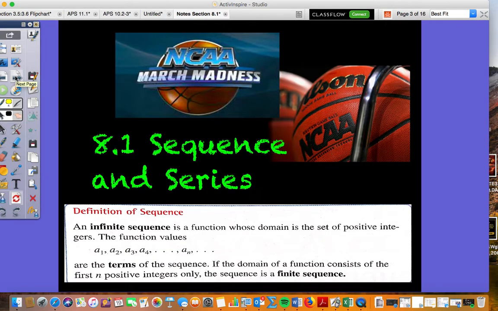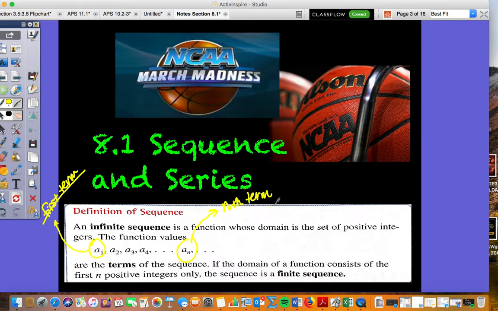The second part that we're going to look into, this idea of infinite and finite sequences. As you can imagine, an infinite sequence is something that keeps going on and on forever. Couple of things to note. A sub 1, we call it A sub 1, is what we call the first term. Okay, so anytime I say A sub 1, that is the first term. A sub n, we call the nth term.